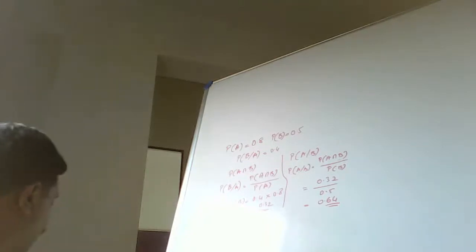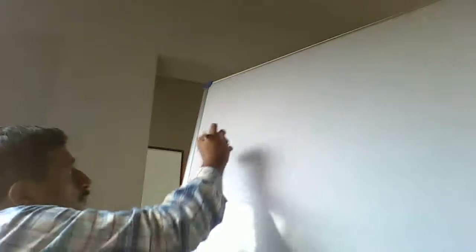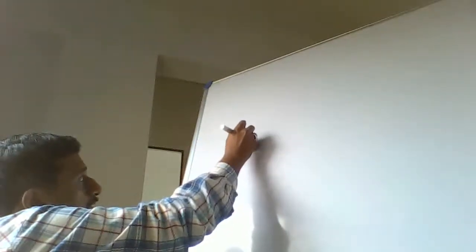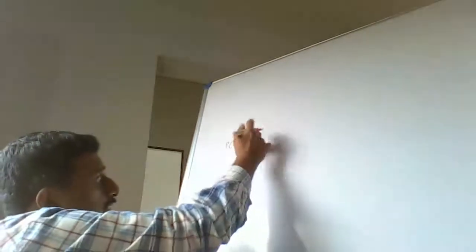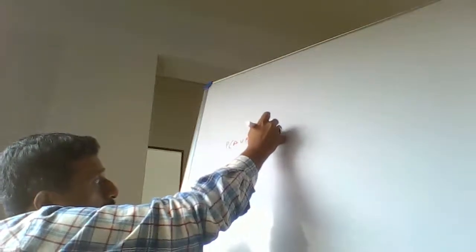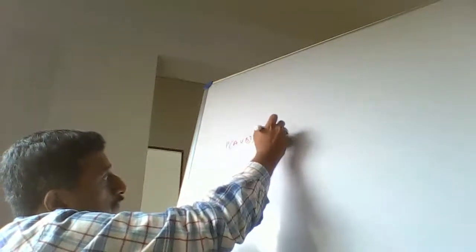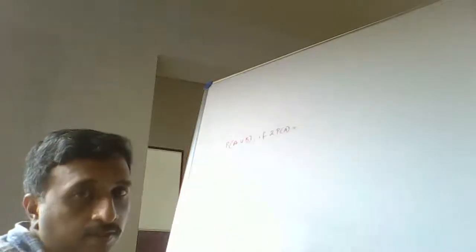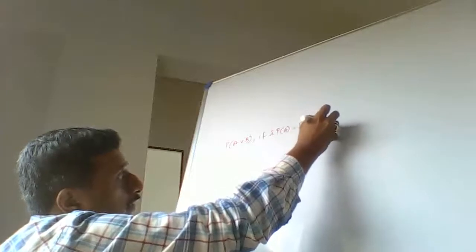Now let us try to evaluate P of A union B, if 2 times P of A is P of B, which is 5 by 13.